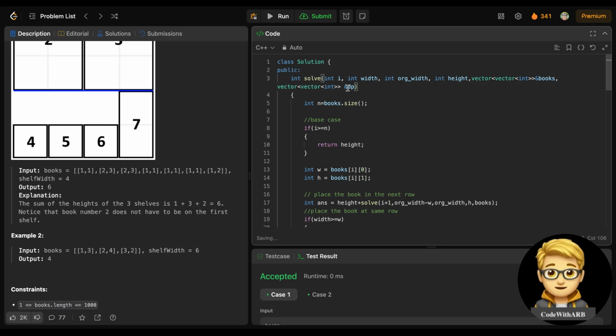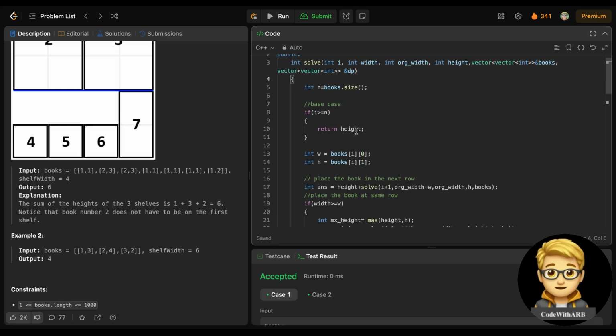Always pass it by reference. Don't pass it by value, because that will create another copy that will definitely give TLE. So I always pass it by reference, right?